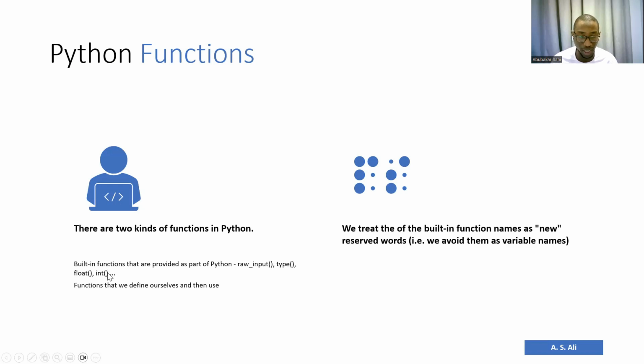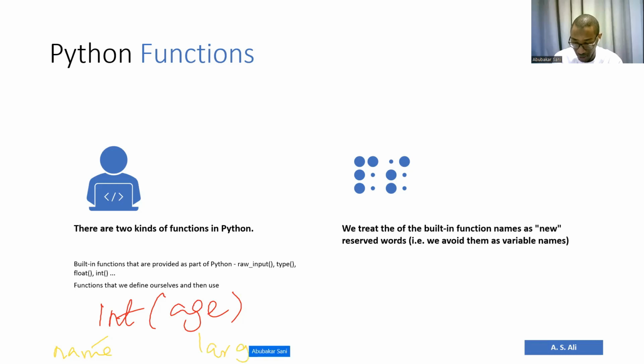Earlier we were passing the age variable to int, right? So we did something like int and we said age. So int is the name of the function, and this we call the argument. What we are passing into the function is called an argument.